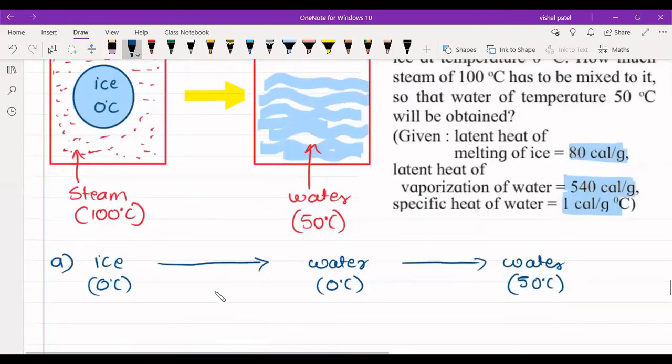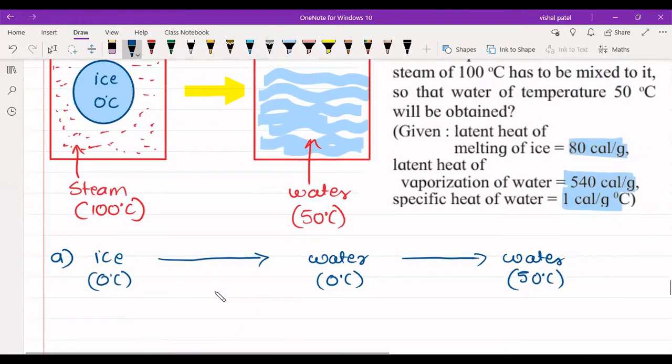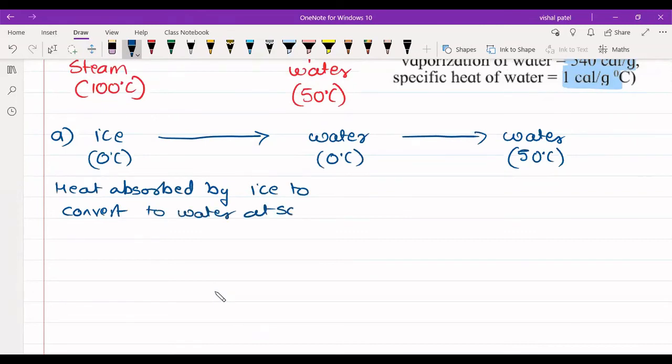Now see, students, in the diagram, the ice is getting converted to water. Meaning, ice is absorbing heat. Now see what I'm writing. Heat absorbed by ice to convert to water at 50 degrees Celsius, that is equal to Q1 plus Q2.